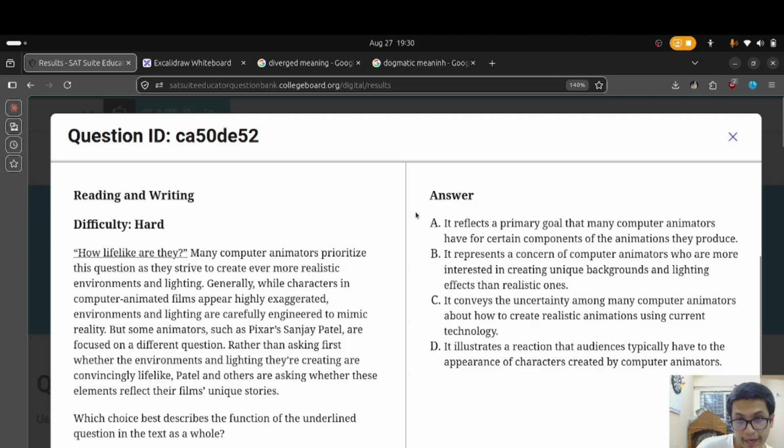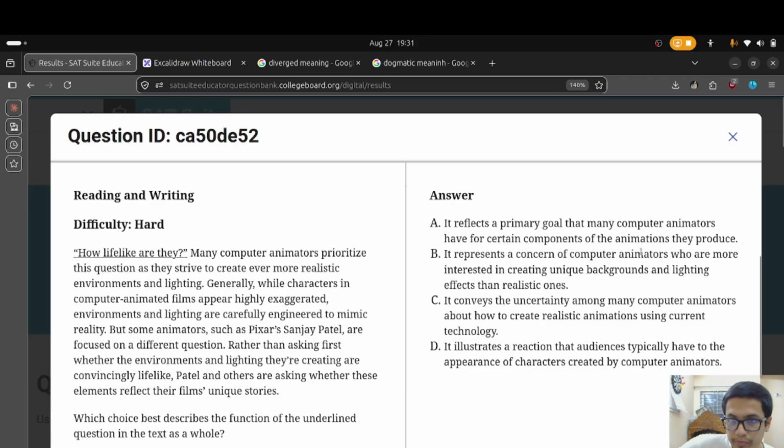So it will not be A, and it will not be D. It represents a concern of computer animators who are more interested in creating unique backgrounds and lighting effects than realistic ones. It conveys the uncertainty among how to create realistic animations using current technologies.